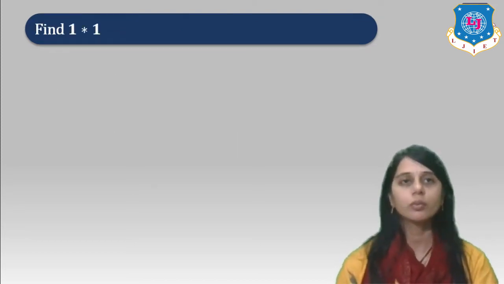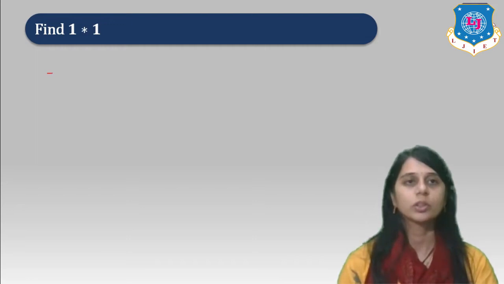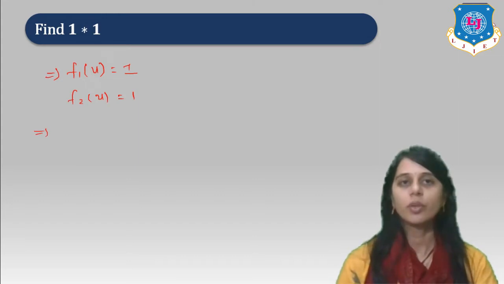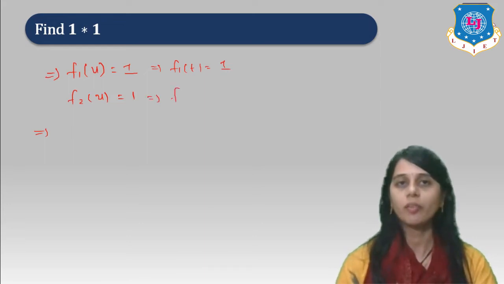Find 1 star 1. First of all, f1(u) is 1, and f2(u) is also 1. We are replacing, so f1(t) is 1, and f2(t minus u) is also 1.